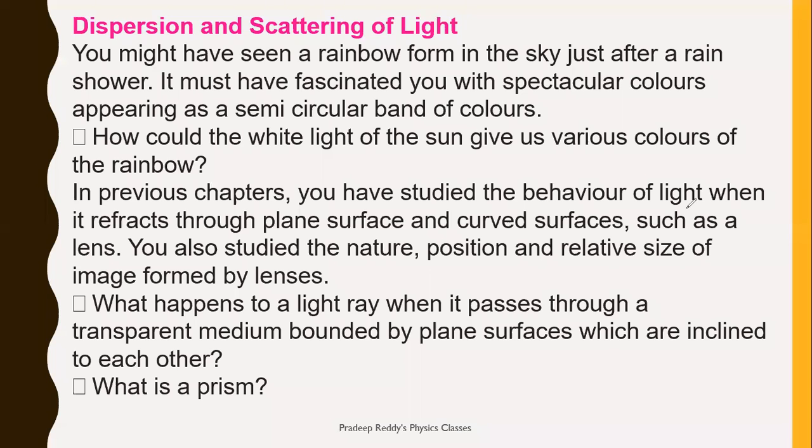And after that, how does light suffer refraction through bounded plane surfaces? Bounded plane surfaces is nothing but a prism. About these two things we are going to discuss in the next coming sessions.